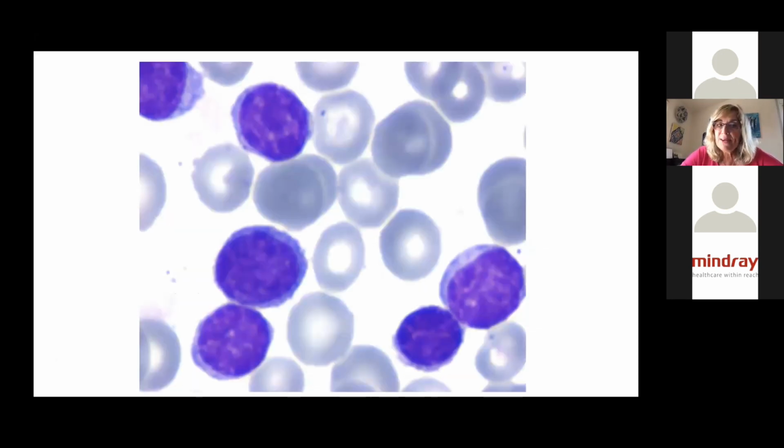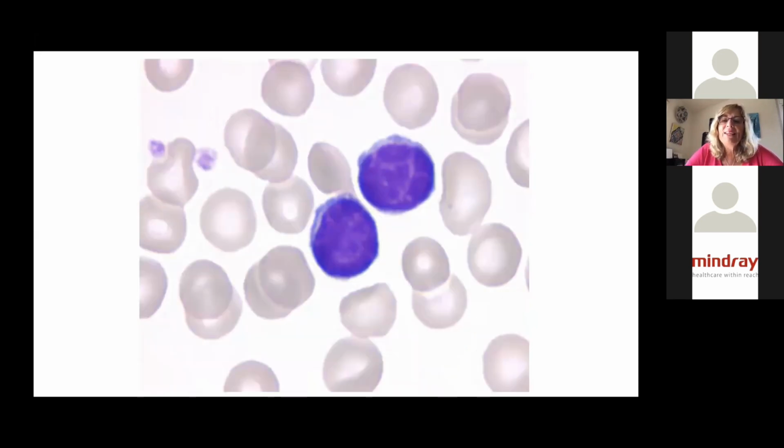This is the smear. We see a lot of lymphocytes, very small, with very little cytoplasm, very mature chromatin, very similar. And this chromatin is very typical, corresponding to the abnormal lymphocytes that we see in chronic lymphocytic leukemia.